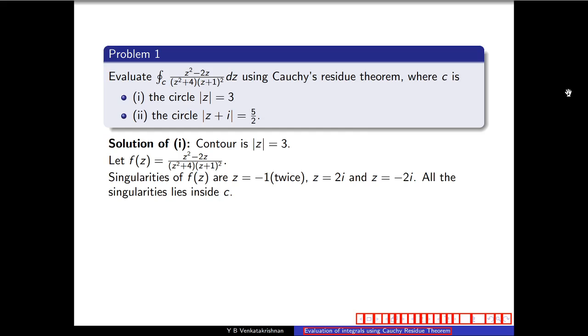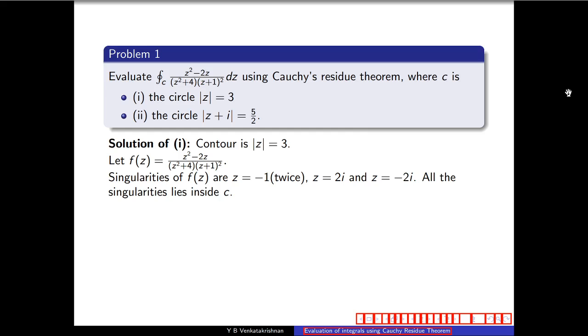So first we will begin the evaluation of the integral for the circle mod z is equal to 3. And of course here, how did I say that mod z is equal to 3 is a circle? You replace z with x plus iy. So you will have modulus of x plus iy.